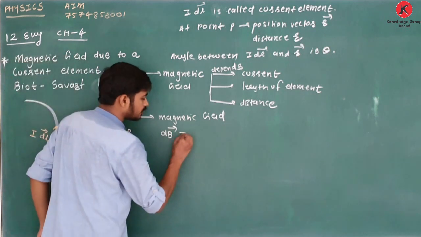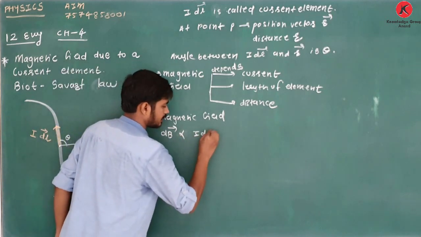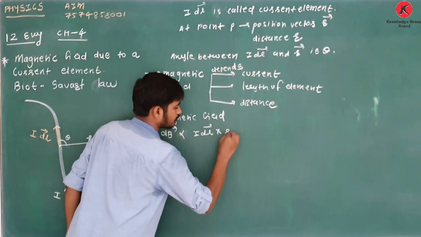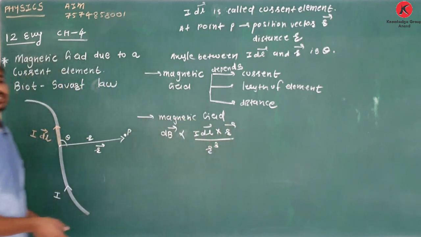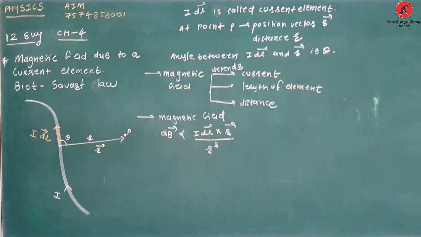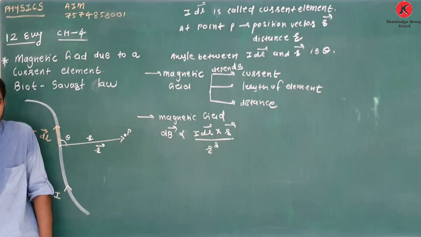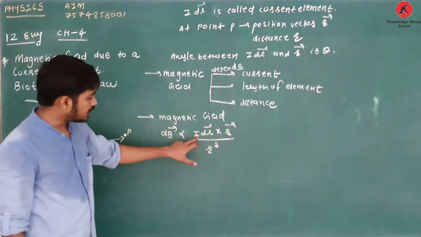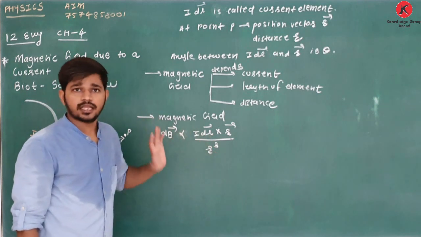So dB is proportional to I dl cross r upon r cubed. Yes, it is suggested by Biot: the magnetic field produced at a point depends on current, length of element and distance, like this.